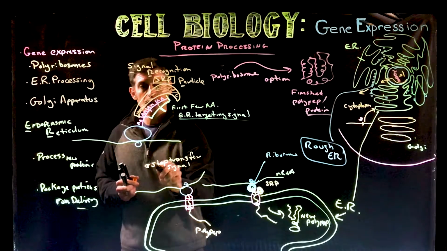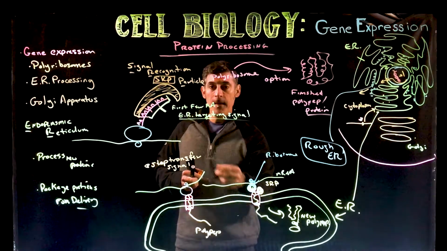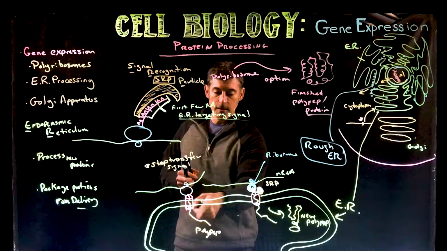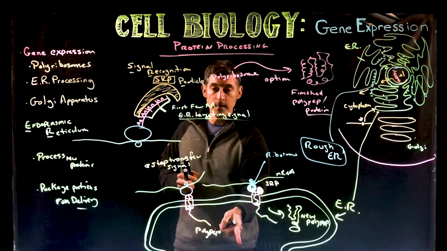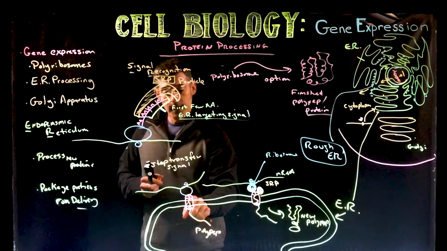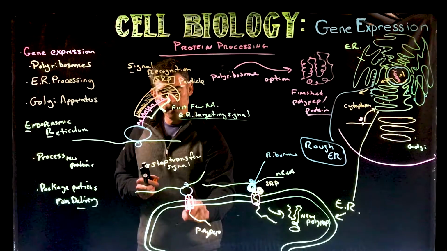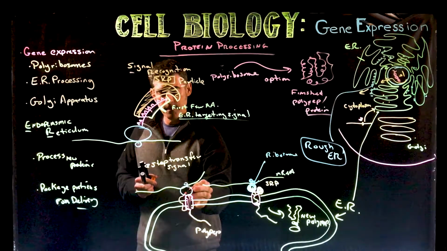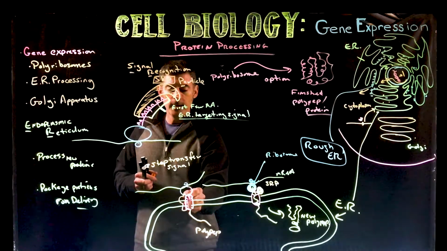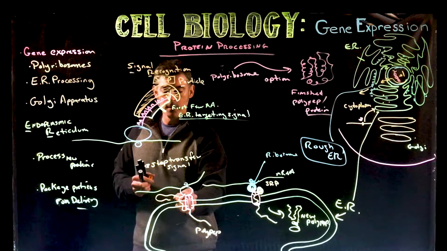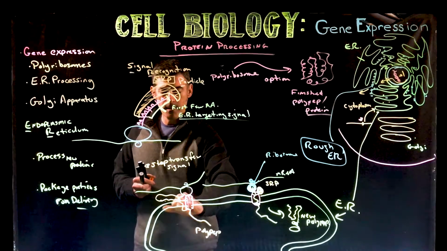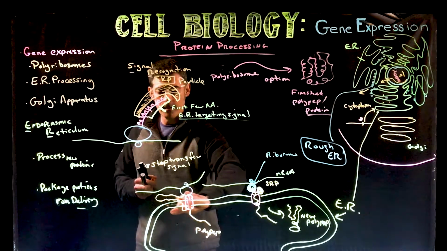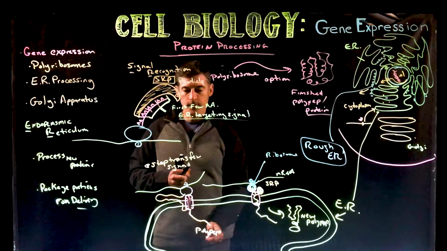It's going to be yet another group of amino acids, and they're going to say, stop pushing me through this pore into the ER. And so what's going to happen is this process will continue, and some of it is here in the ER, but the rest of it now is outside the pore, and as it grows, it'll continue to grow, but not in the ER. It'll continue to grow kind of out here in the cytoplasm.